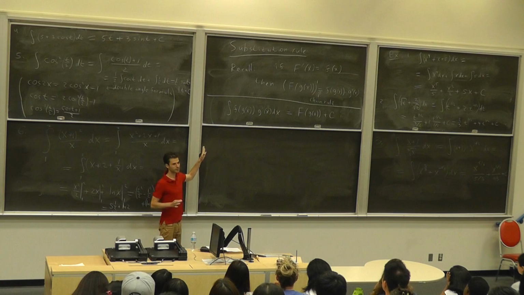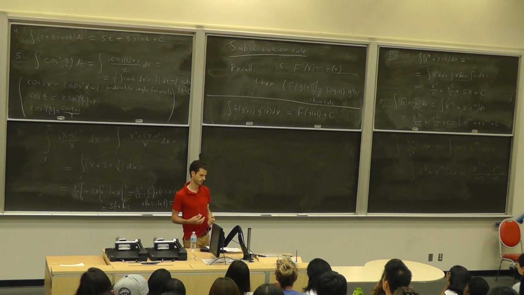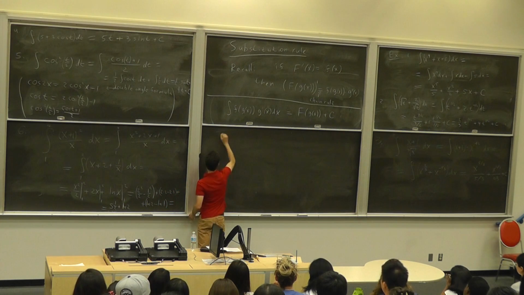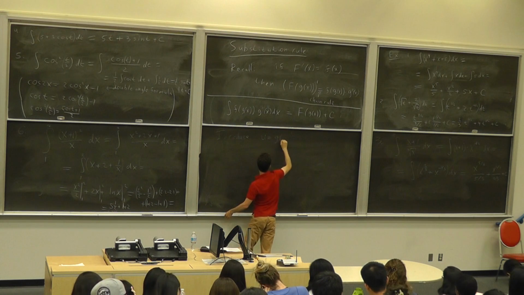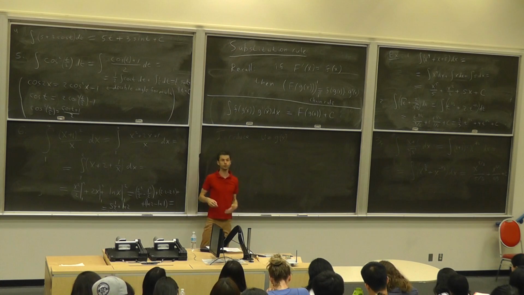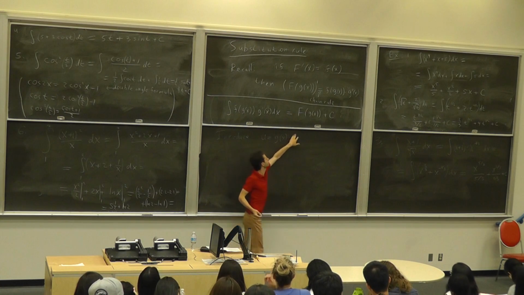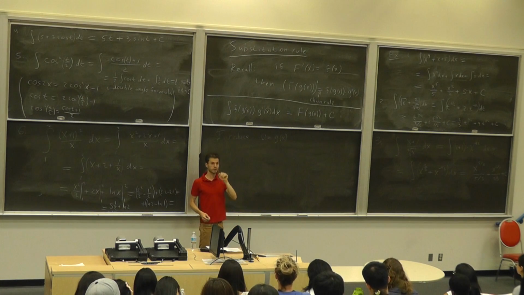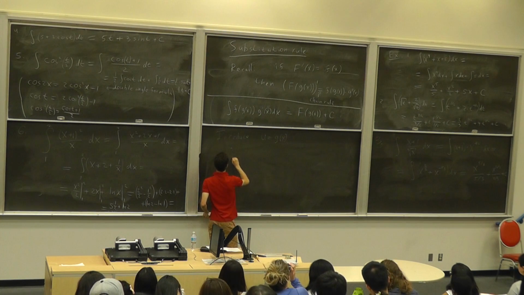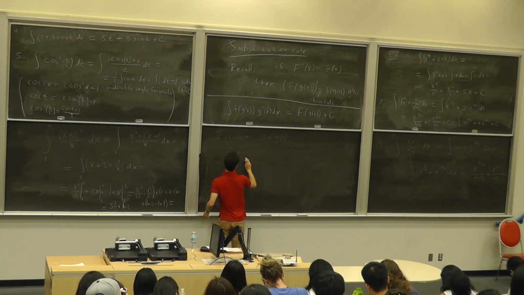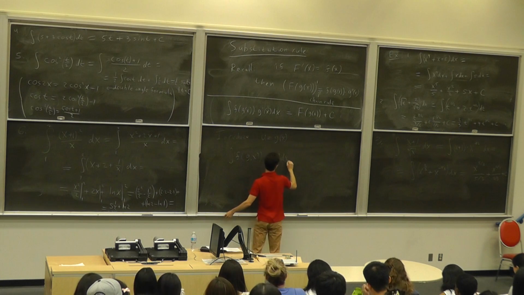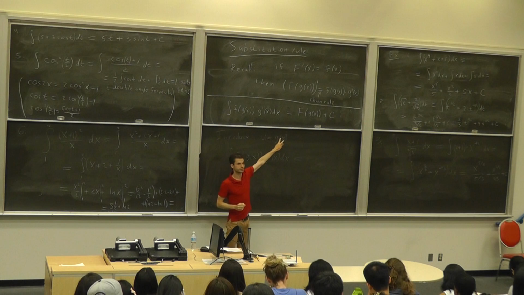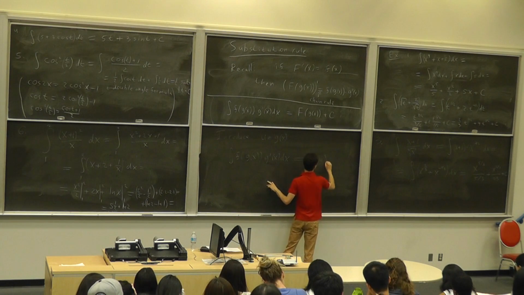So we will introduce some notation to make this rule easier to remember and easier to apply. We introduce a new variable u, which will be g of x. Then you can say that this integral of f of g of x, g prime of x dx, is basically F of u plus constant.